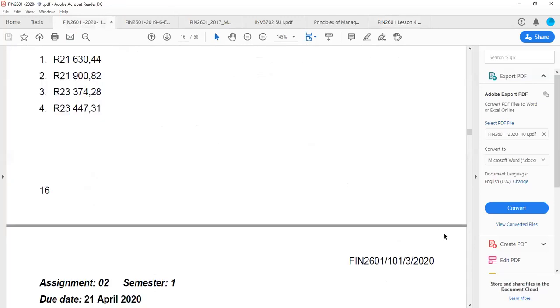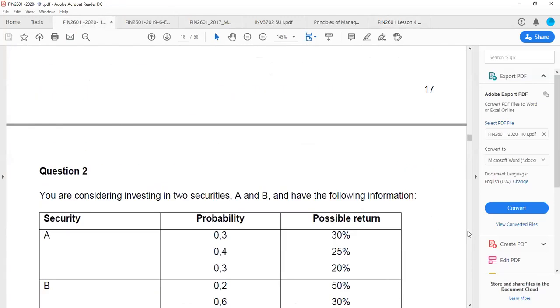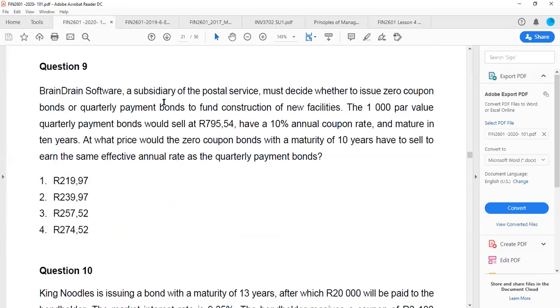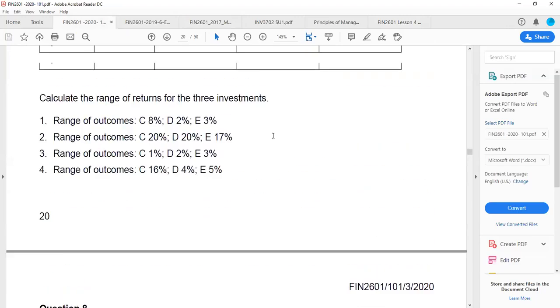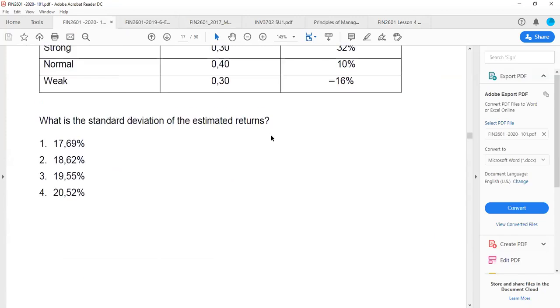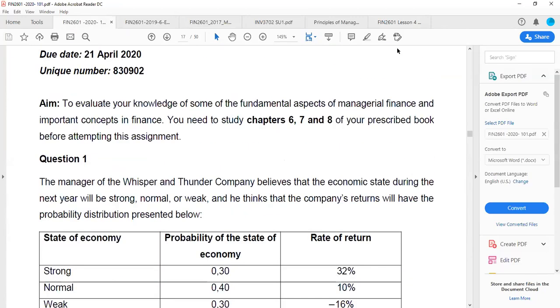Let's start by looking at question 9. Actually, it's semester 2, we should be semester 1. Let me just confirm the question. Okay, we'll start with question 8.